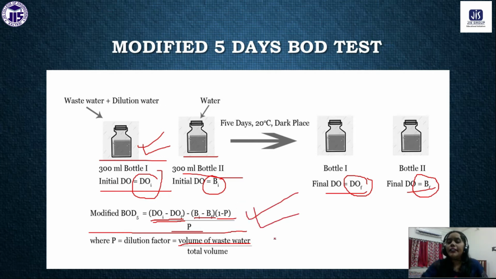While we are solving the problem, we have to check very well what data are given. Based on the given data, we have to identify which equation between these two equations we have to use. Understand? So this is very tricky.